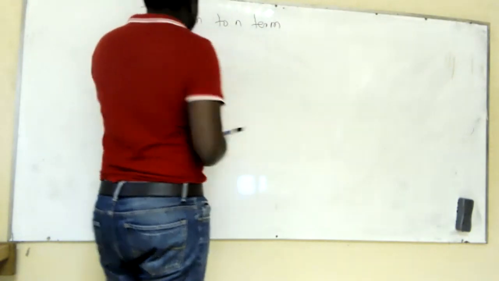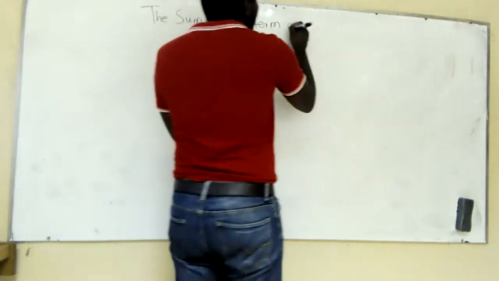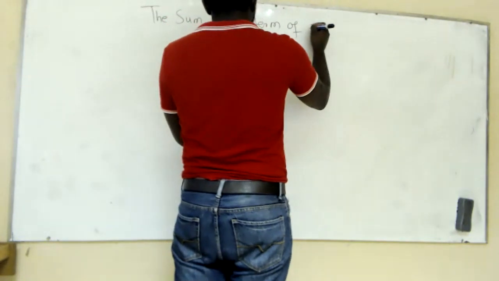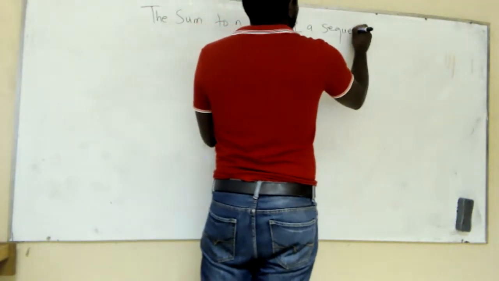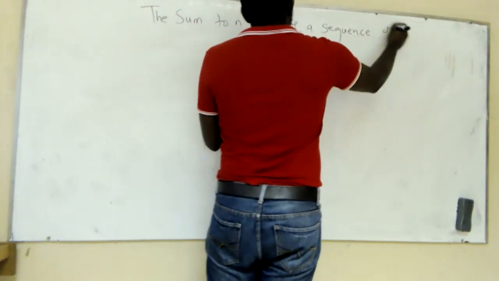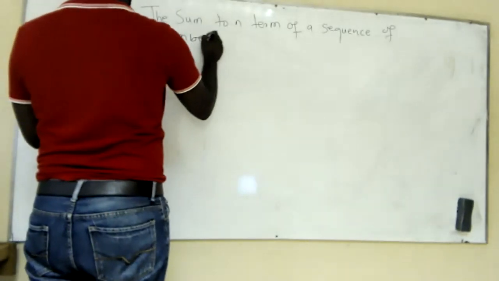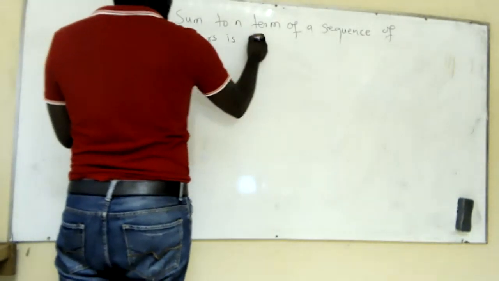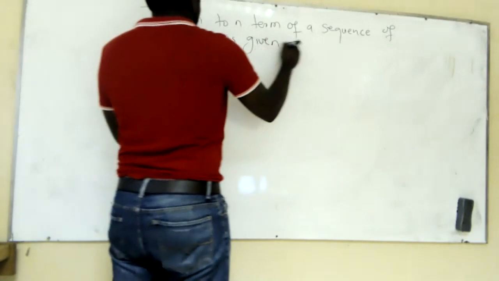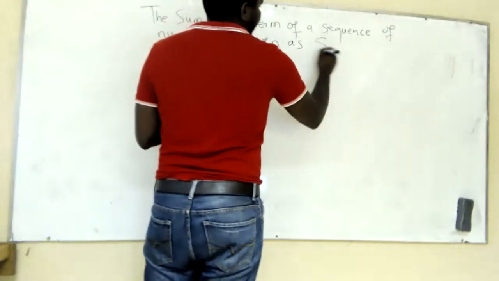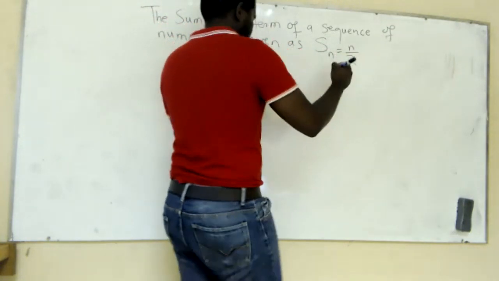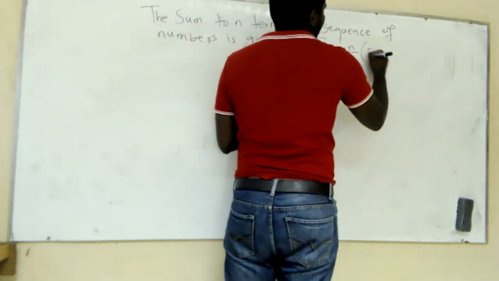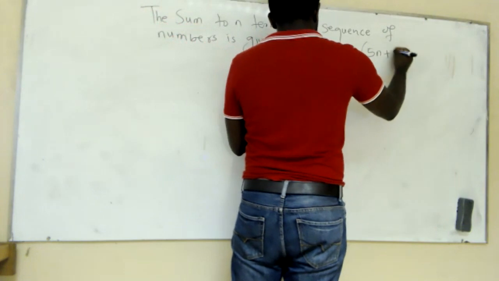It means this formula is for the sum of all the terms in the sequence or in the series of numbers. It is given as Sn equal to n over 2 into 5n plus 9.